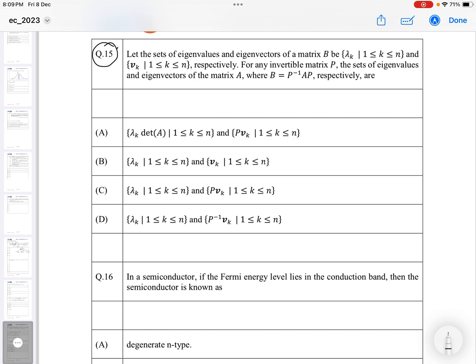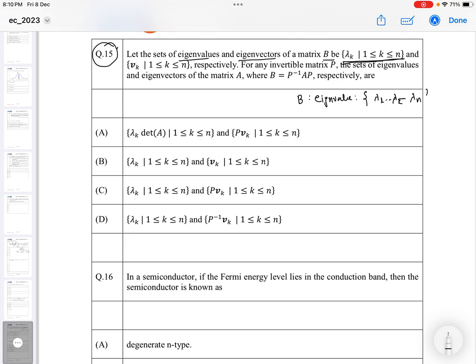Let sets of eigenvalues and eigenvectors of matrix B. So we have been given this matrix B and its eigenvalues and eigenvectors. The eigenvalues of matrix B are given as this set. In simple terms, it is the set of lambda 1 till lambda n, right? You can put lambda k between.